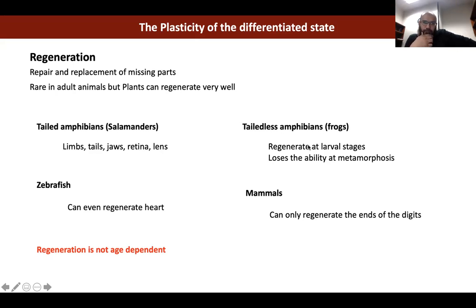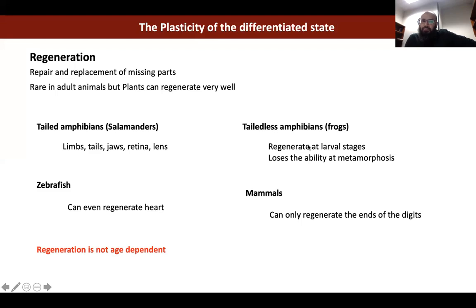And the biggest question in regeneration is whether stem cells are involved in this process, or whether it's the adult end cells that de-differentiate and then redifferentiate and grow to develop into the missing parts.